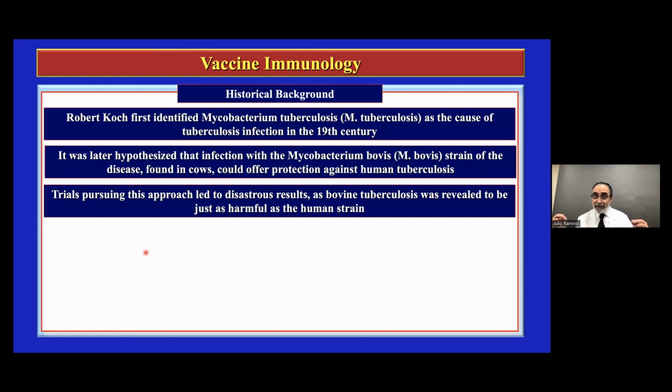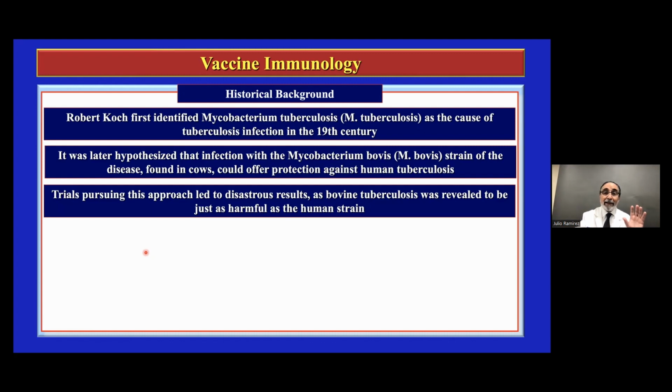What about giving a vaccine with Mycobacterium bovis to humans? At this point, we didn't know that Mycobacterium bovis was as bad as Mycobacterium tuberculosis to cause tuberculosis in humans. But the vaccine trials moved on, and were a complete failure, because everybody that got the vaccine got tuberculosis. Then, of course, nothing is 100%. But then we knew that this didn't work.